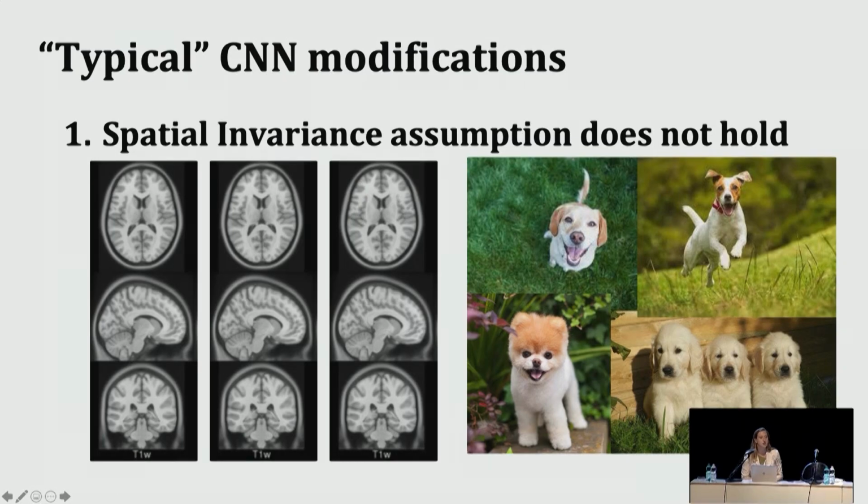The first assumption that we wanted to challenge was this idea of spatial invariance. CNNs were really designed to work on image recognition tasks in images. Say you have a model that is looking to identify a dog in the image.